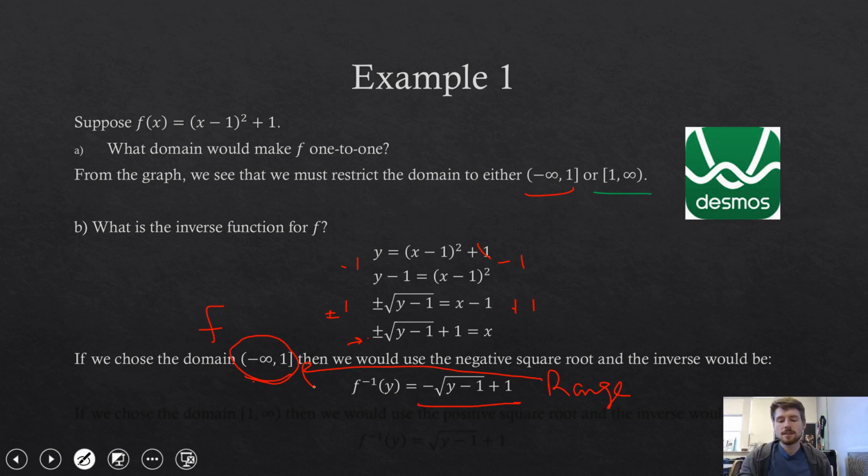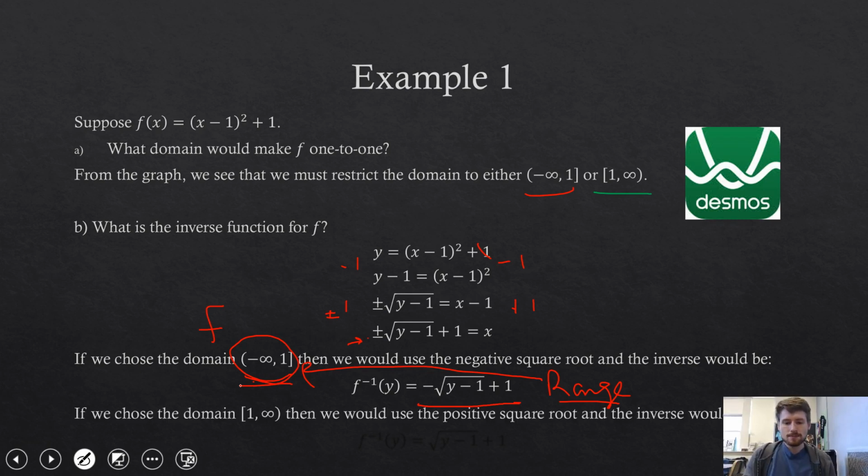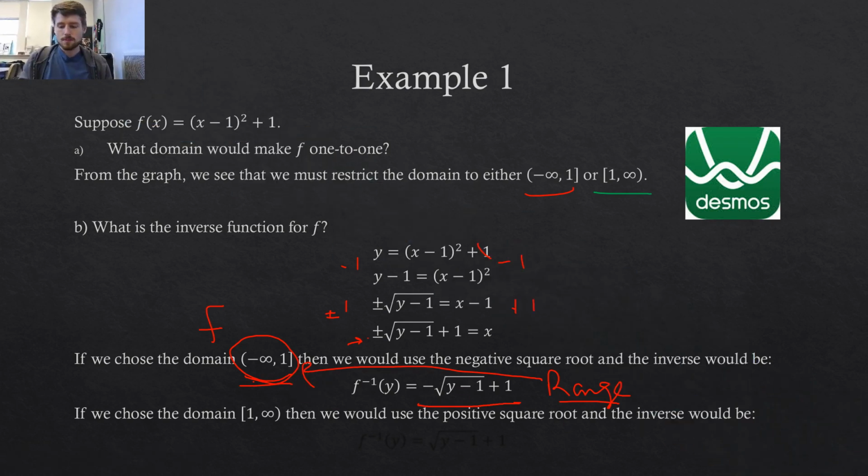You can see that this range matches up with this domain exactly. Okay? So remember, the domain of the original function is the range of the inverse function. And then if we were to do the other domain, we would be using the positive square root. I'm going to put myself back up there. So the positive square root is going to get us the other domain.